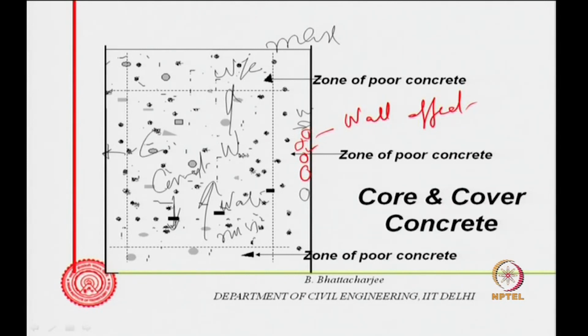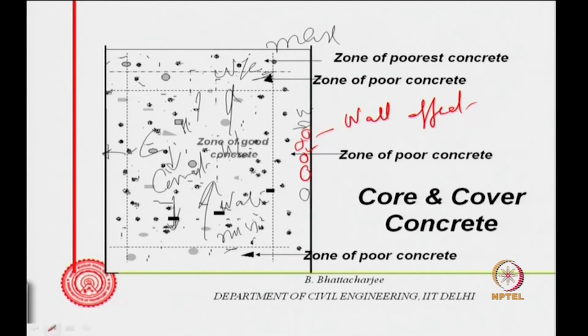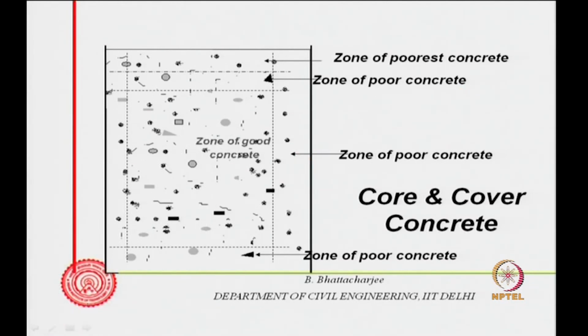So, C comes down, H goes up: maximum water cement ratio here, minimum water cement ratio there. So, therefore, what will happen? You will have the poorest concrete right up there, because of maximum water cement ratio there. There will be evaporation, shrinkage and all those effects. So, the zone of good concrete is somewhere here, the zone of poor concrete is there, and the poorest concrete is there.